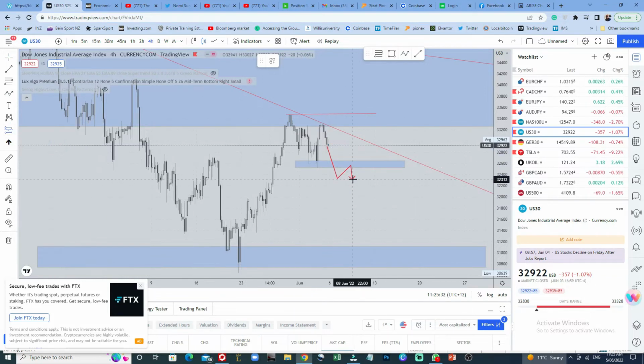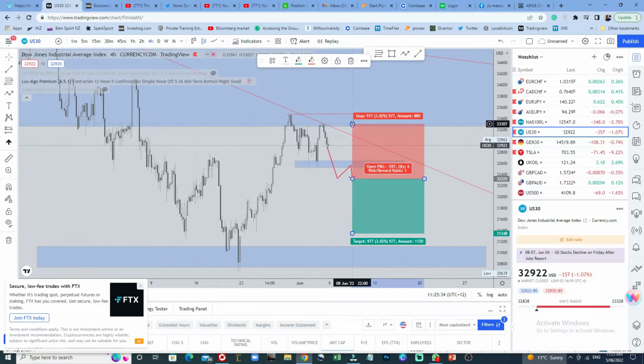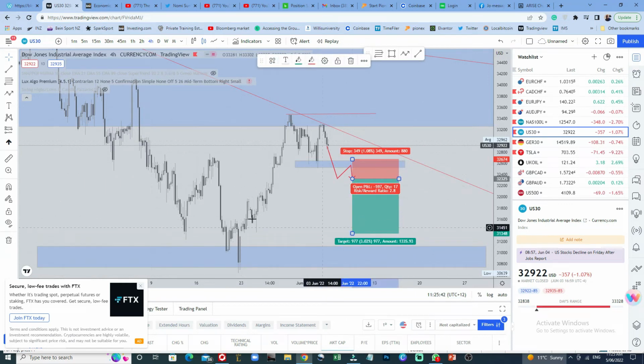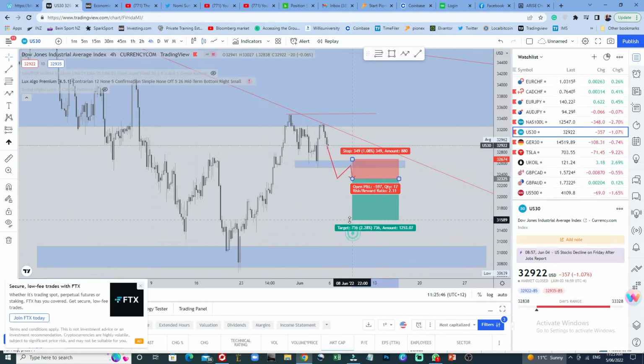As simple as ABC. Put my stop loss just on top of the structure, and maybe I can take profit somewhere around here, a TP1, or I can take it down here to the next point.